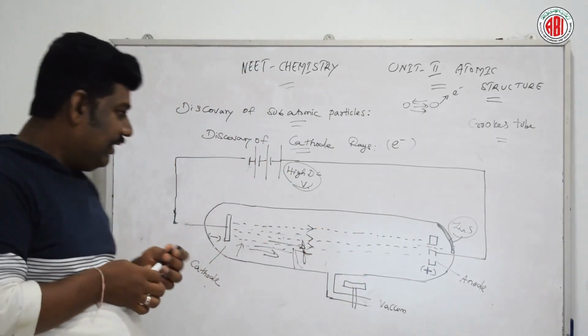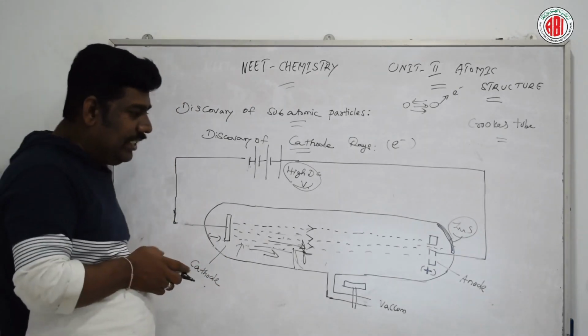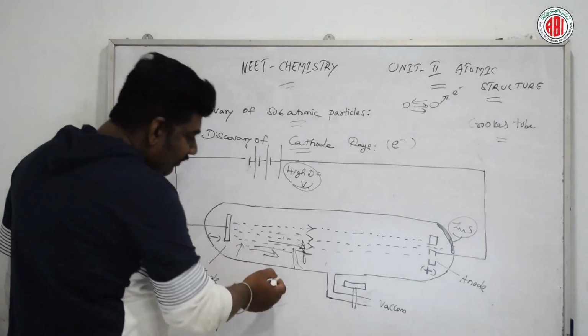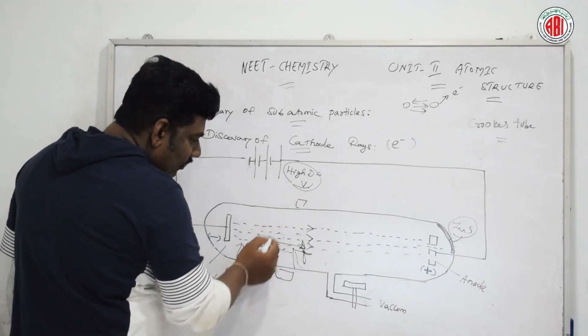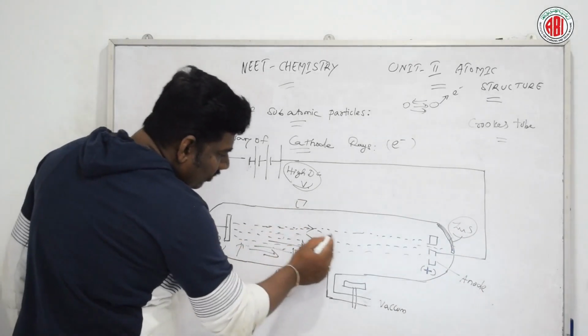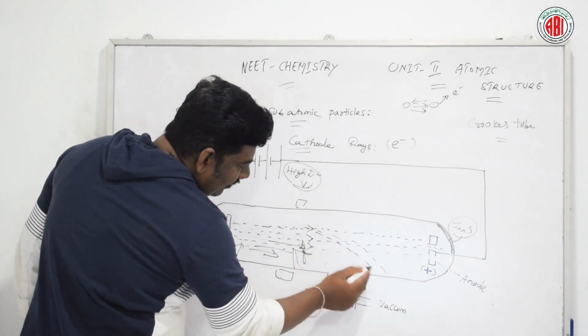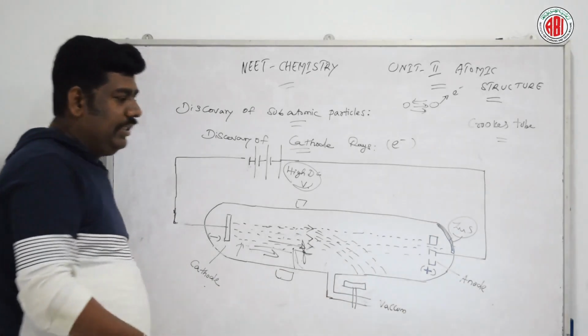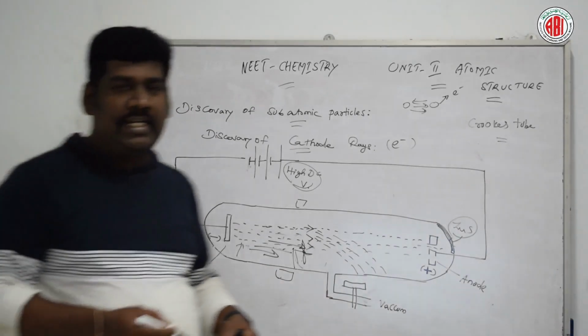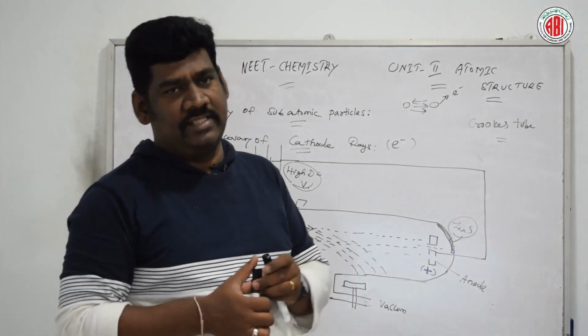So we could consider this as a negatively charged particle. See, we are placing a magnet beside this, here. What happened? These rays started to deflect from their normal path. So it shows that they are negatively charged particles.